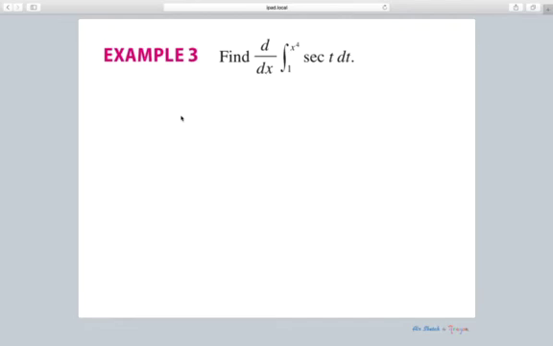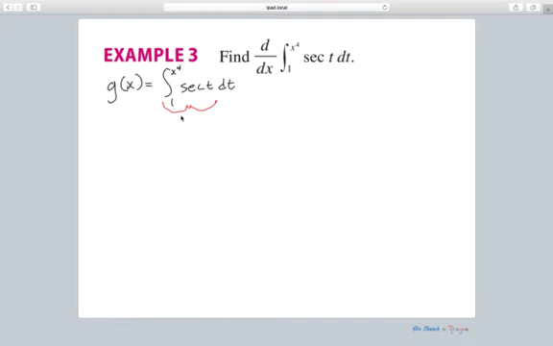So if we define it in terms of g, and I say, okay, so g of x equals the integral from 1 to x to the 4th of secant t dt. What's really important to understand here is g is just some function of x, so it's this kind of weird looking accumulation function, but it's still just some function of x.